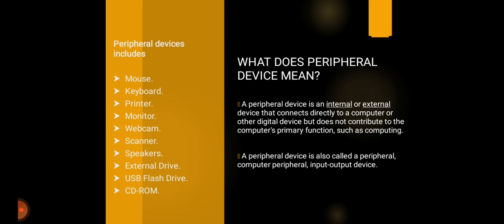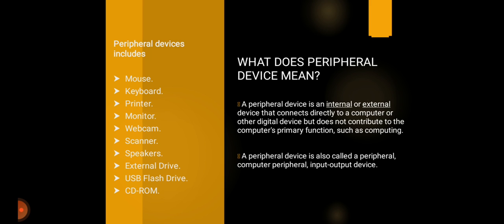Now, the last topic is peripheral devices. So, what are peripheral devices? Peripheral devices include mouse, keyboard, printer, monitor, webcam, scanner, speaker, external drive, USB flash drive, CD-ROM, etc. A peripheral device is an internal or external device that connects directly to a computer or other digital device, but it does not contribute to the computer's primary function such as computing.